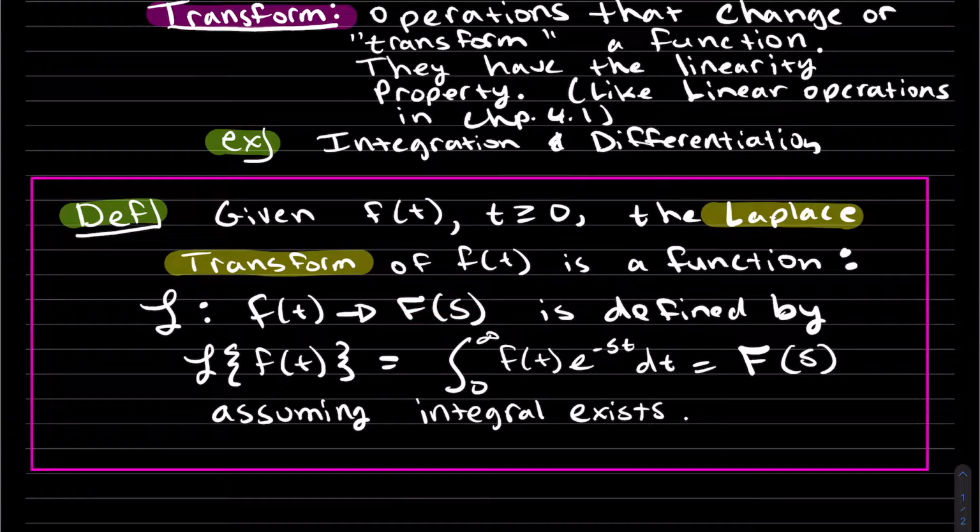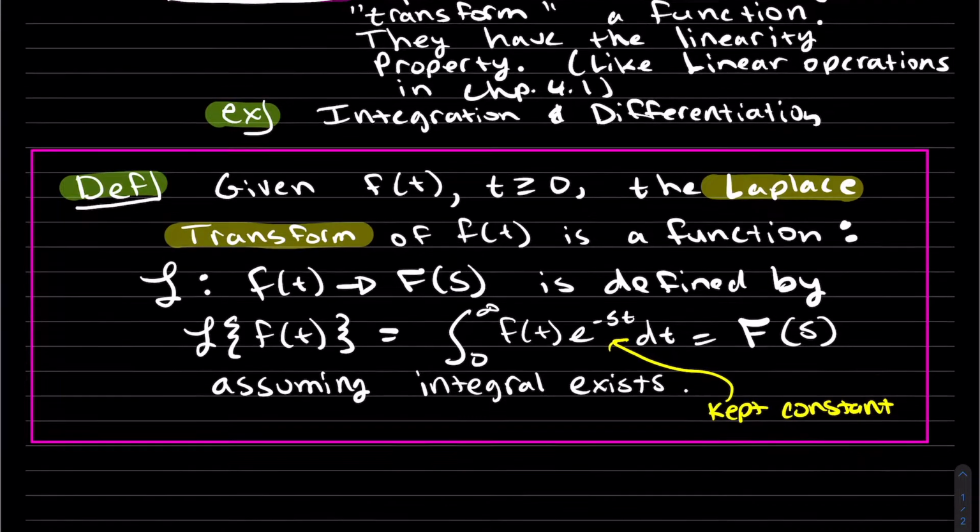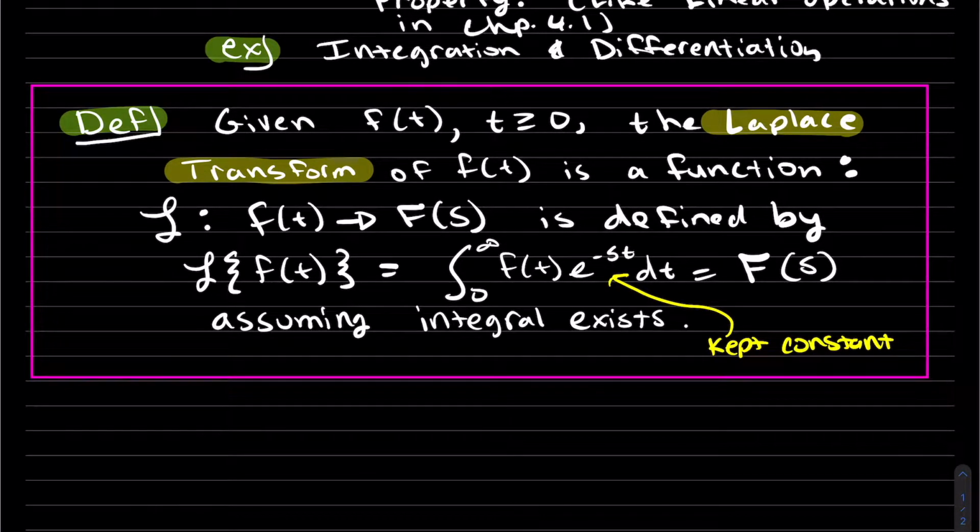It's an integral: you're integrating f of t multiplied by e to the minus st. After you integrate, it's in terms of t because of the dt, but this s is kept constant while we integrate. Once we've integrated it, it becomes a function of s, which is pretty neat, actually. Of course, that's the definition, assuming that the integral exists.